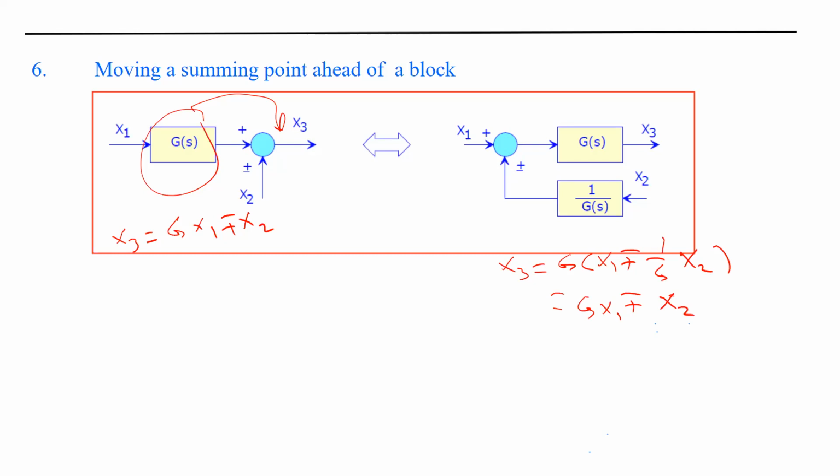So I'm dividing in here because I'm changing the path, and the original should have a gain of 1. When I move it to this side, I must divide by the gain such that the overall gain from x2 to x3 remains 1.